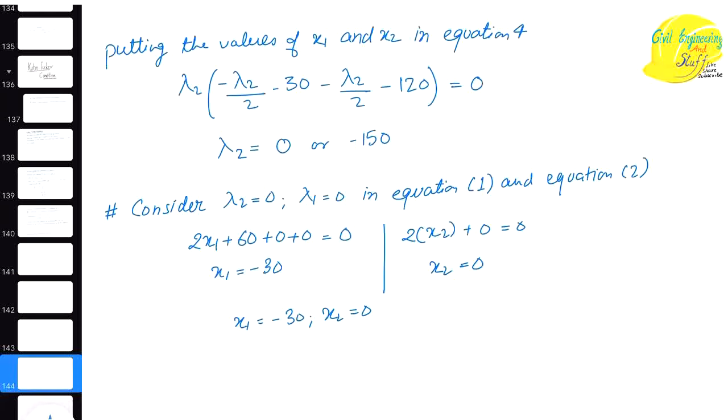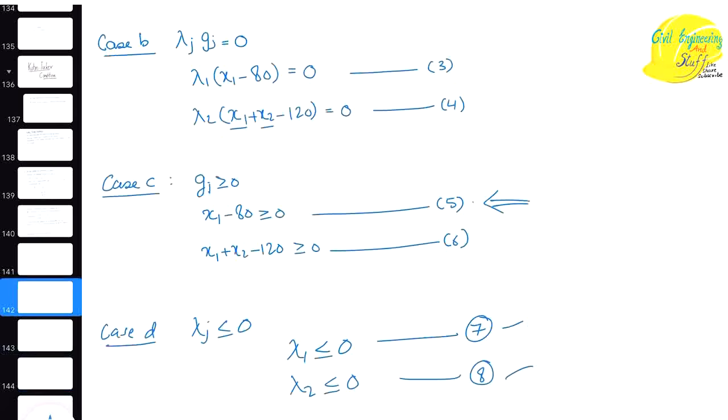So the values of x1 and x2 violate criteria C, equation 5. Criteria C or case C, equation 5, is not satisfied, so these are not the values.